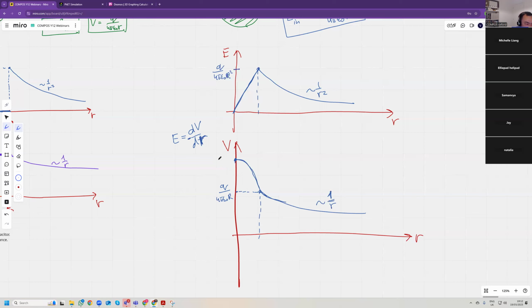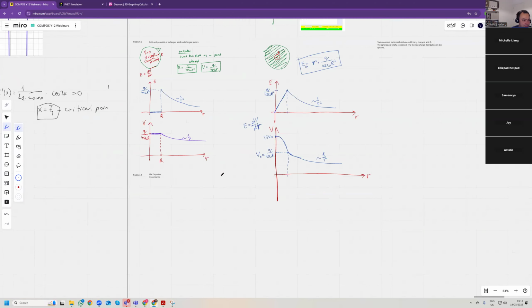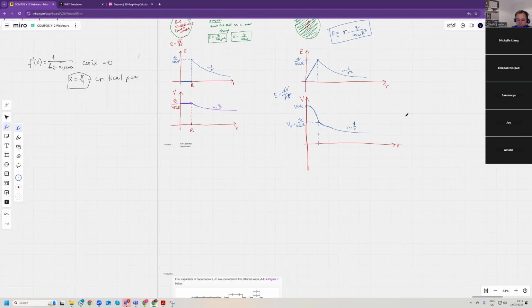So the potential is higher. Let's call this V0 at the surface, and this is 1.5 V0. Right.